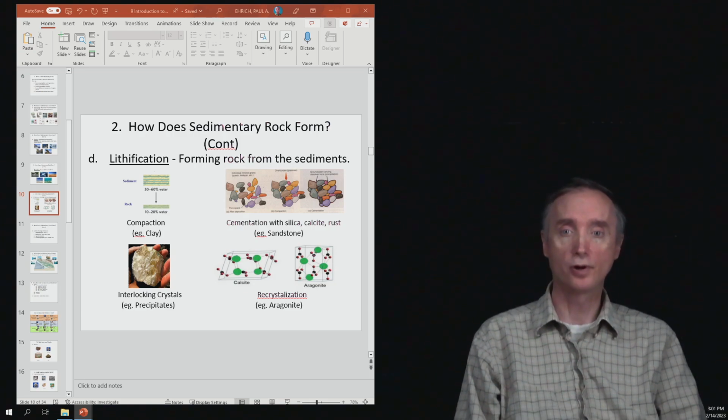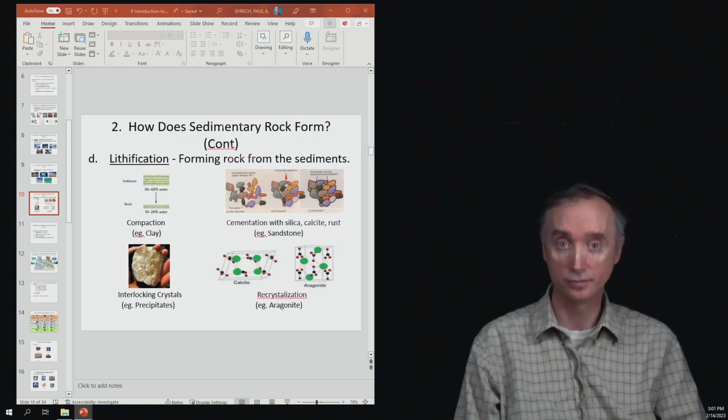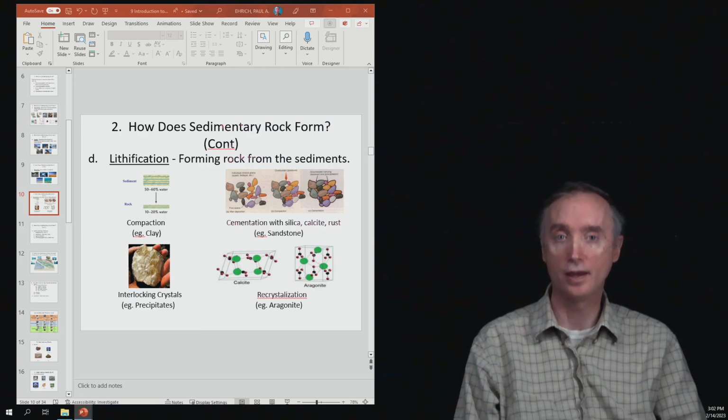Okay, another more common thing though is that the sediment is going to be glued together. And so one of the most common types of glue is going to be calcium carbonate. And so that particular substance can glue the pebbles together and make that kind of sedimentary rock.